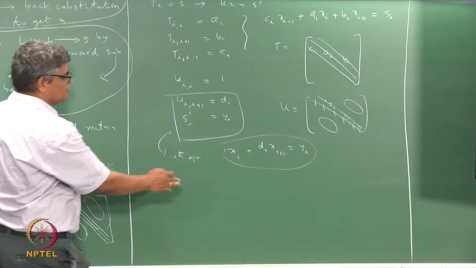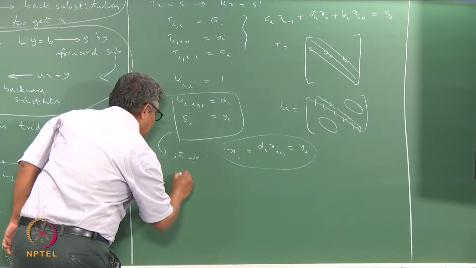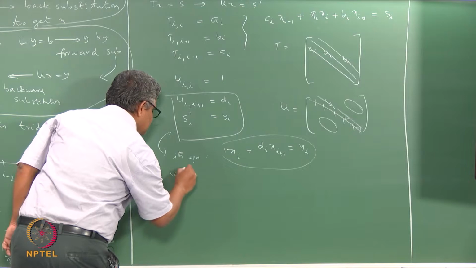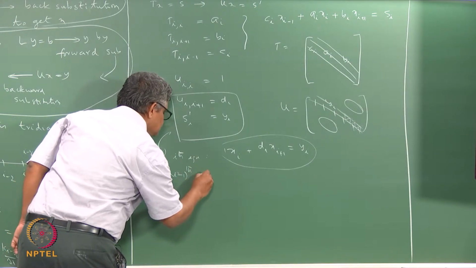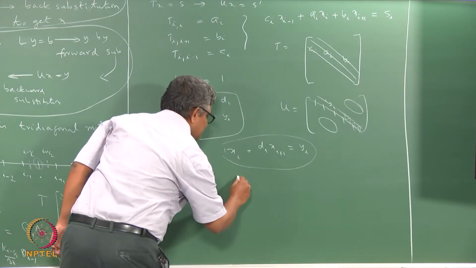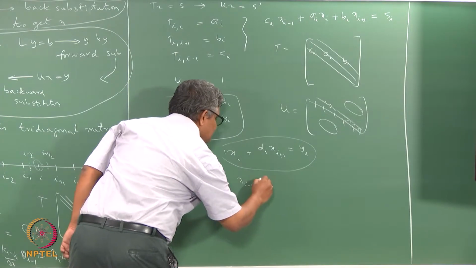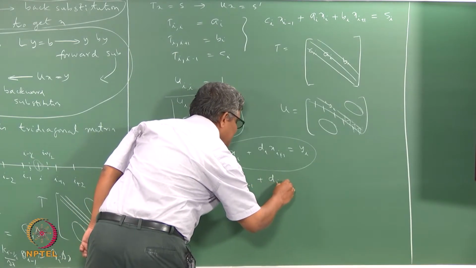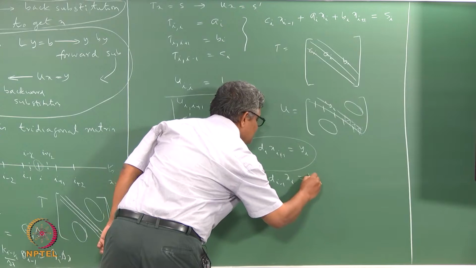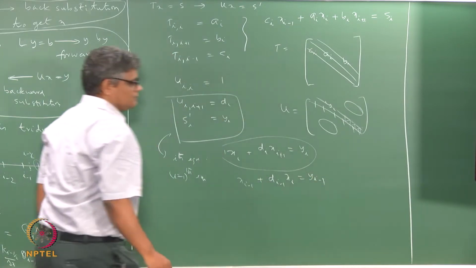So if this is the ith equation, the i minus 1th equation is given by xi minus 1 plus di minus 1 xi equal to yi minus 1.